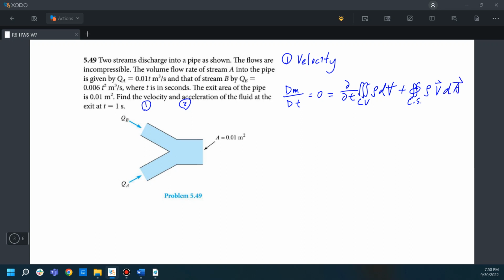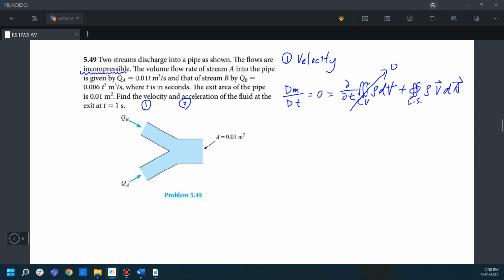Okay, and because the flow is incompressible, this partial rho partial t, this unsteady term, will be equal to 0.